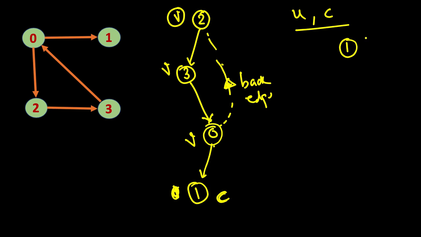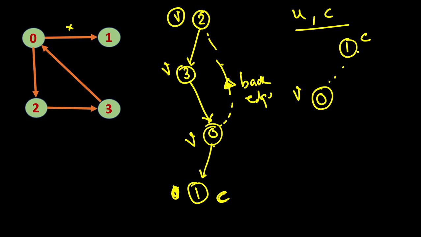There are no neighbors, so we mark it complete. Then we look for any other unvisited node. So we see that 0 is unvisited, so we come to 0. It's V now. It's being explored. Its neighbor is 1, but 1 is already complete, so we will not go there. And since 1 is complete, it's not a back edge.